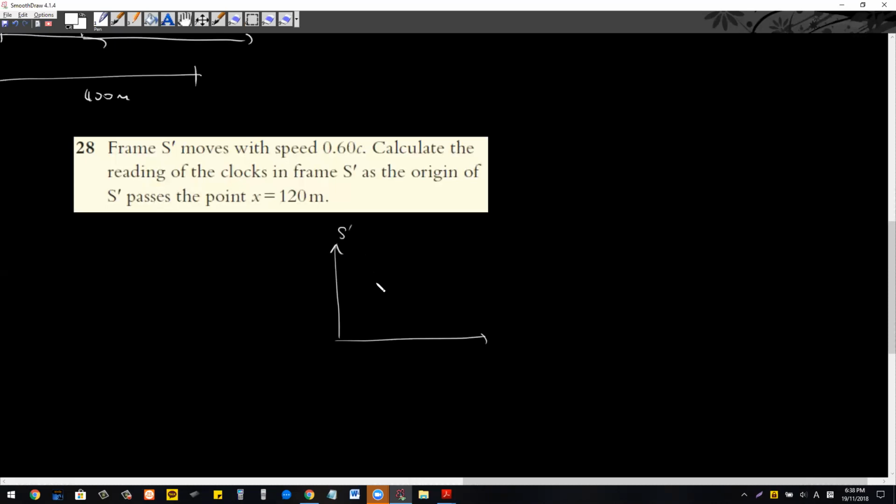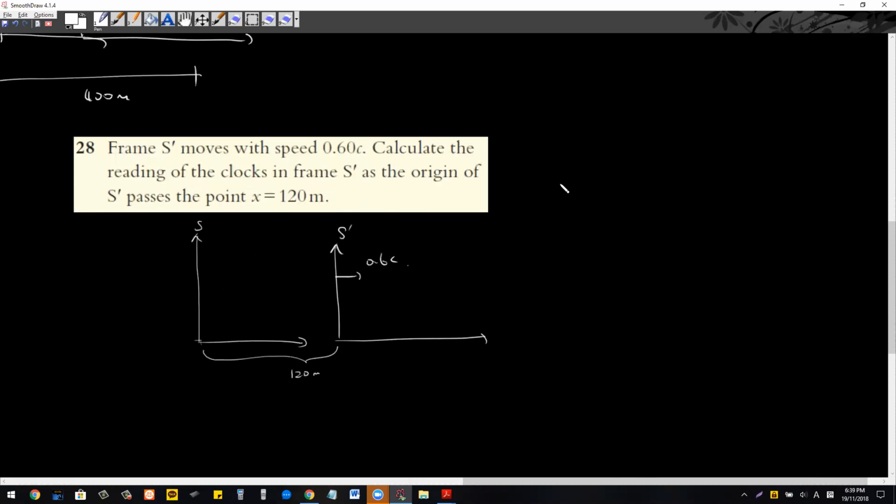This is frame S dash, moving at 0.6 C. So there is frame S here, but from there to there is 120 meters. Do you understand? Yes.